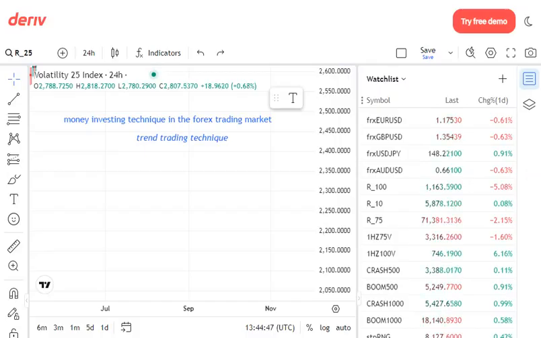And there is the New York session. The New York session is when countries on the American continent are trading dollars and any currency associated with dollars. And this operates in a week, Monday to Friday.